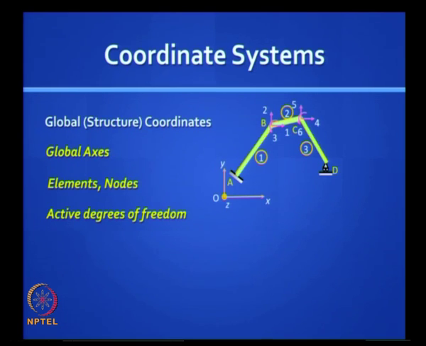So along the x direction we say the translation is 1, along the y direction positive upwards is 2, and anti-clockwise rotation at the joint B is 3. Does it make sense? So we know that at every joint you potentially have 3 degrees of freedom, 2 translations and 1 rotation.